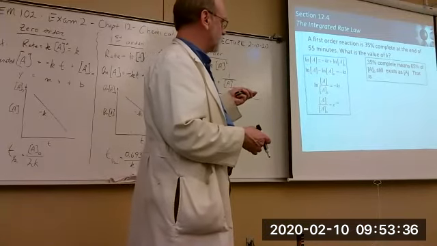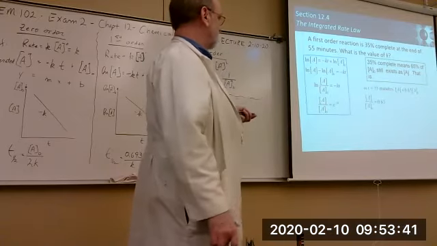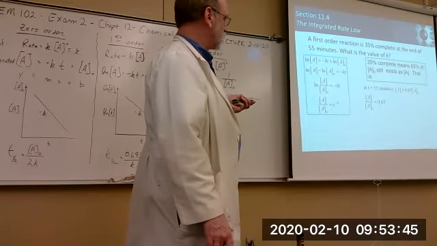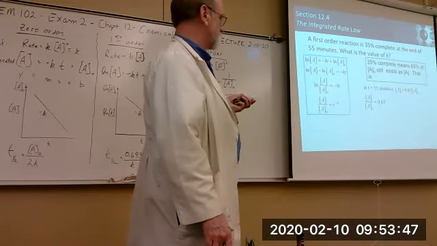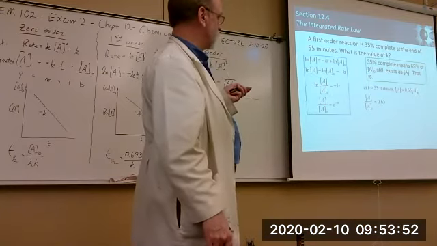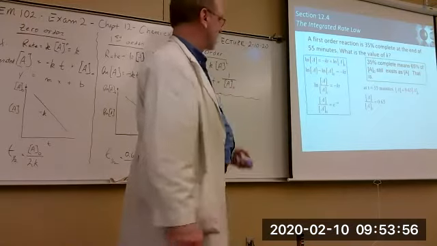So that's what A is. So at 55 minutes, A is equal to 0.65 of the initial amount, because we've used up 35% of it, so 65% is what's left over in fractional terms.